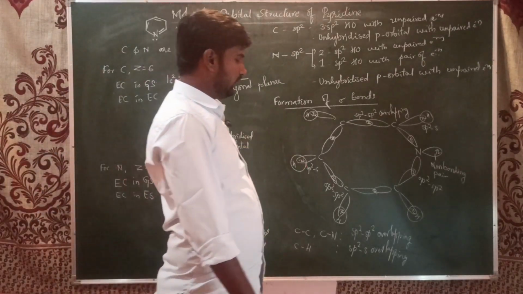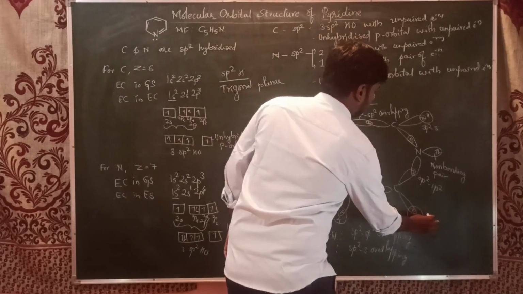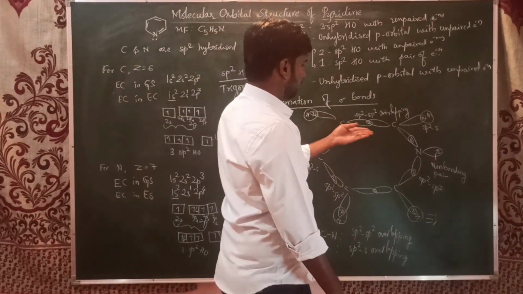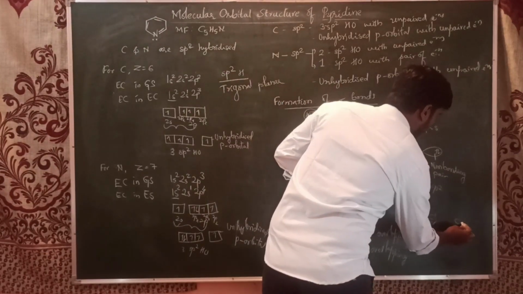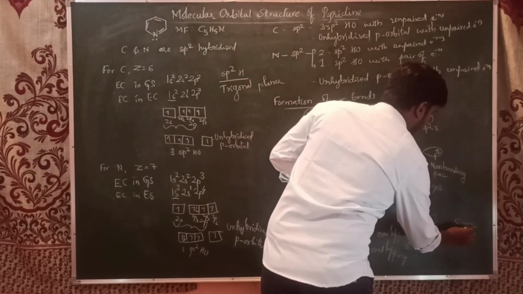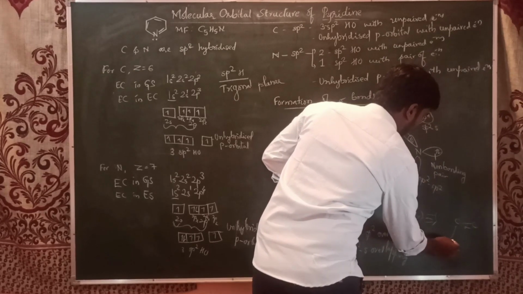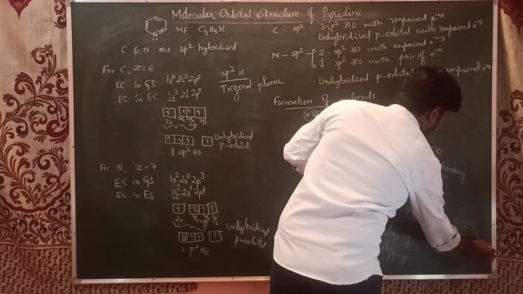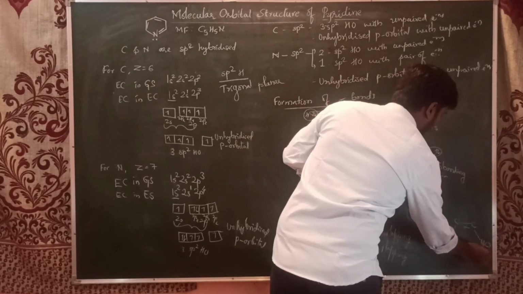And this is actually equivalent to this structure. I'm going to write it here. There is a sigma bond between carbon and carbon. This is one of the sigma bonds. Here also a carbon-carbon sigma bond. A carbon-nitrogen sigma bond with the pair of electrons, the lone pair.